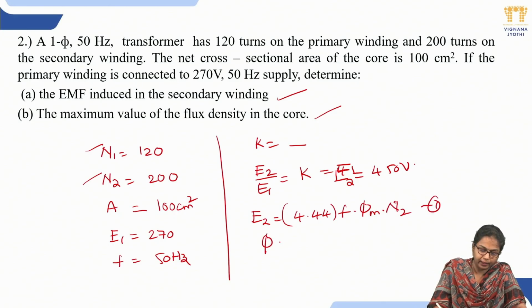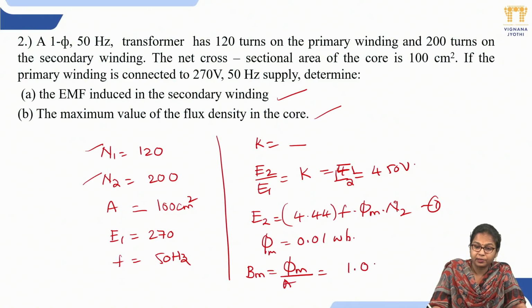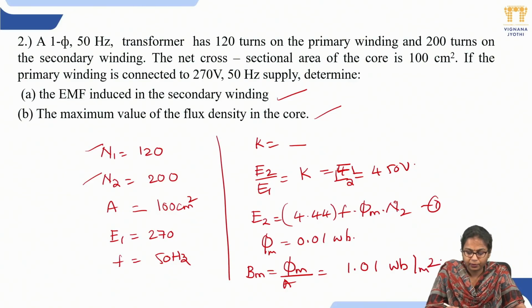So flux will be calculated and we will get flux as 0.01 Weber. And again flux density is equal to flux per unit area, after which we will be getting 0.01 Weber per meter square.